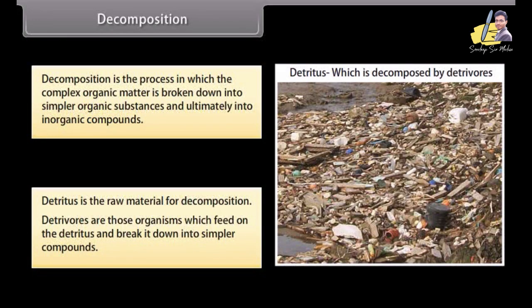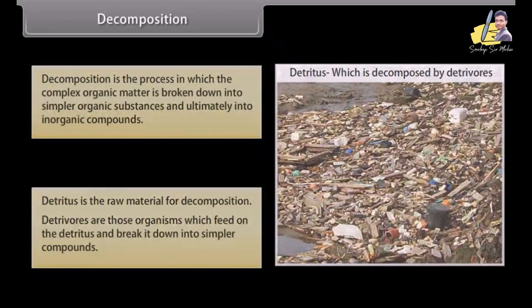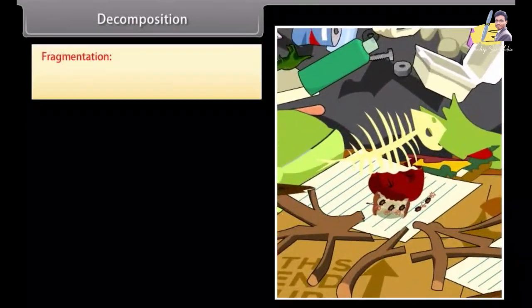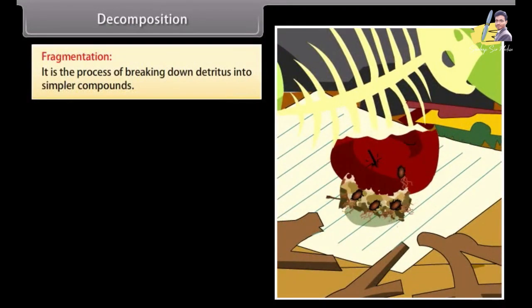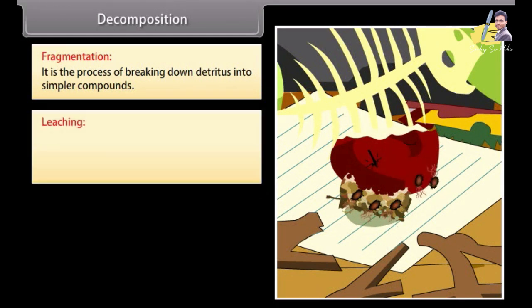Detritivores are those organisms which feed on the detritus and break it down into simpler compounds. There are following steps in decomposition. Fragmentation. It is the process of breaking down detritus into simpler compounds. Leaching.